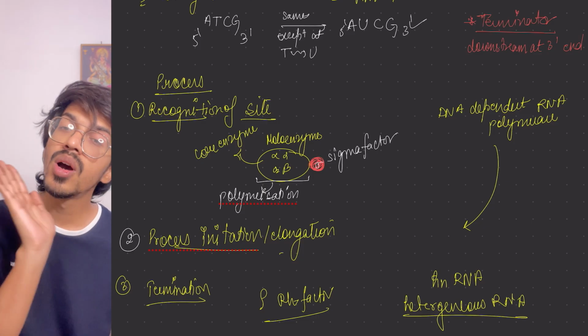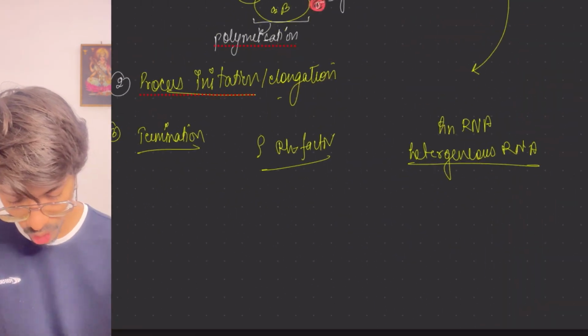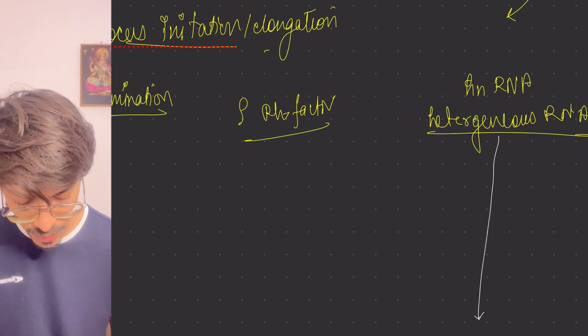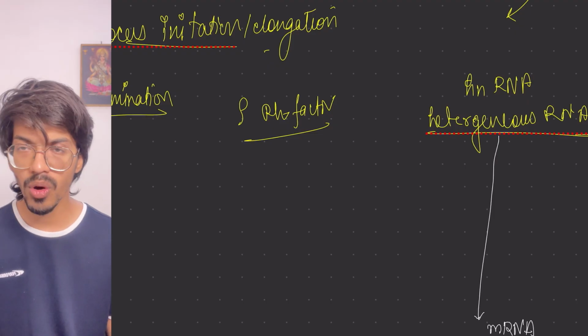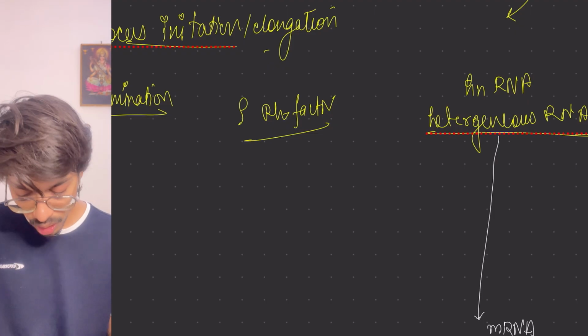This is known as the post-transcription process. In it, we process it into a mature form, mRNA, that is, messenger RNA.